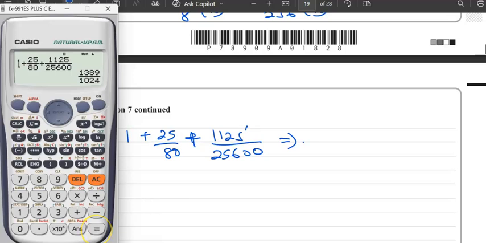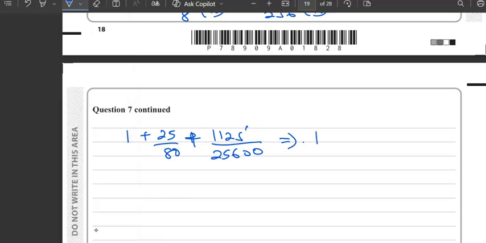So what does this give you? Your solution here is 1389 over 1024. So that is part B.